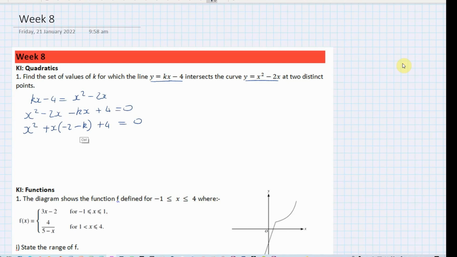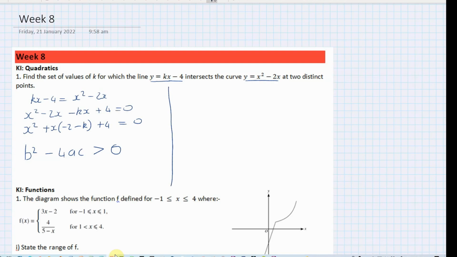Now, at this point, we will use the discriminant. And for there to be two distinct crossing points, there has to be two roots, which means that the discriminant has to be greater than 0.